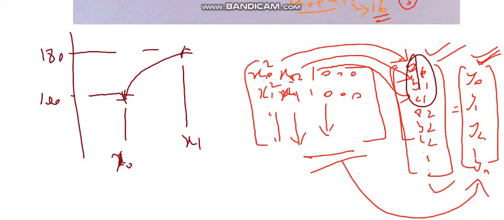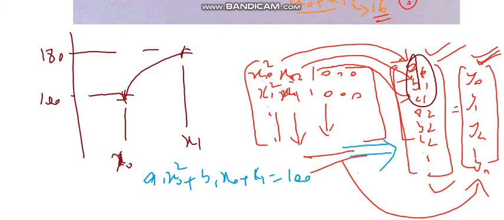Then you can say clearly, if you found out this a1 b1 c1, then a1 x0 square plus b1 x0 plus c1 equal to, in this case, 100. Then by using this matrix linear algebra, we can calculate what is a1 b1 c1.